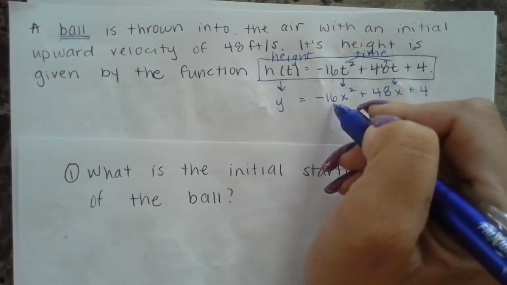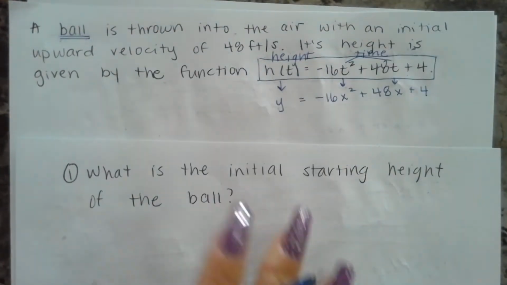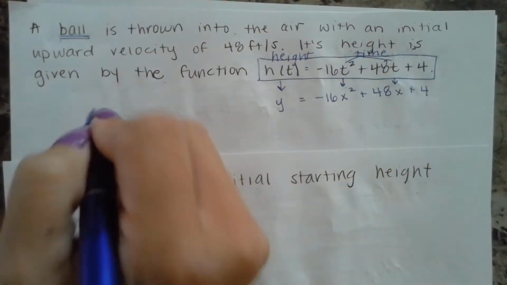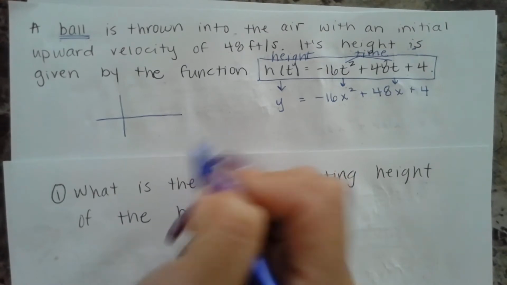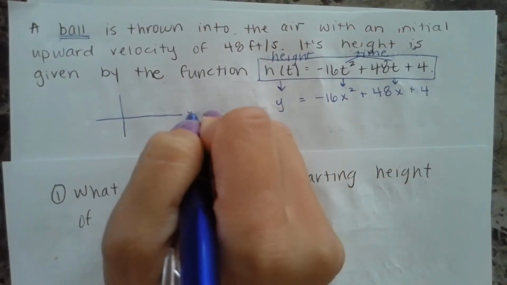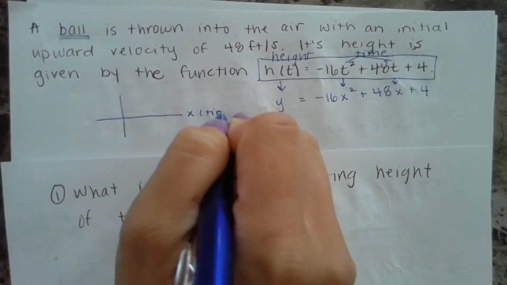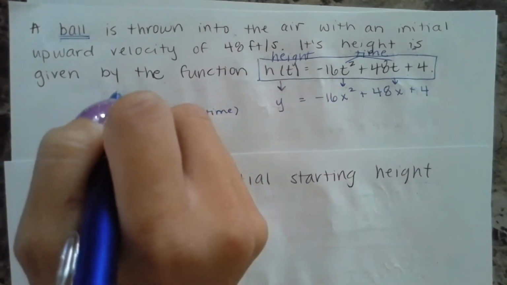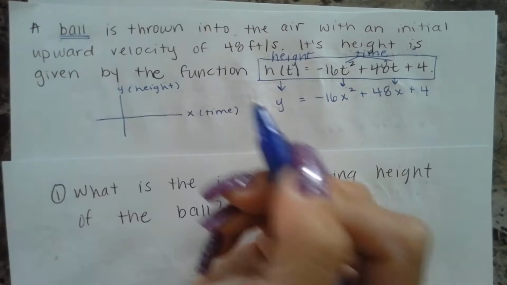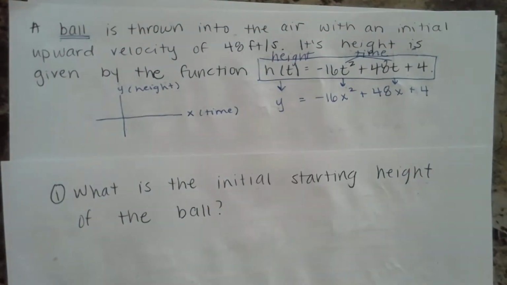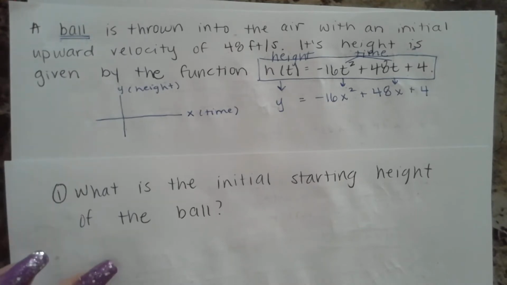So x's are our times and y is our height. If we think about this like a graph, we know this is our x, which is time, and our y, which is our height. Okay, so let's go ahead and get into the question.